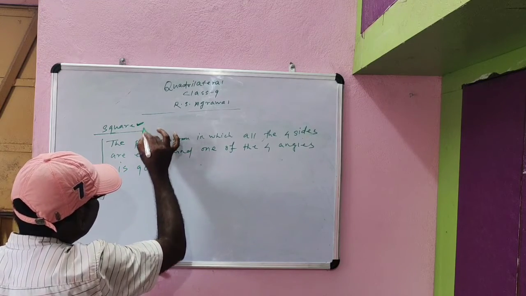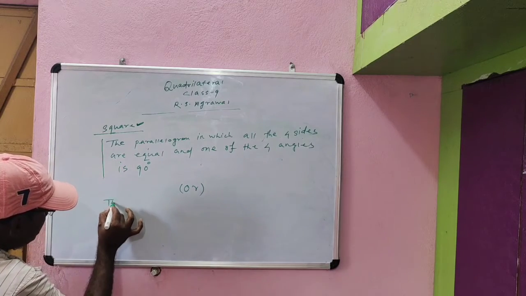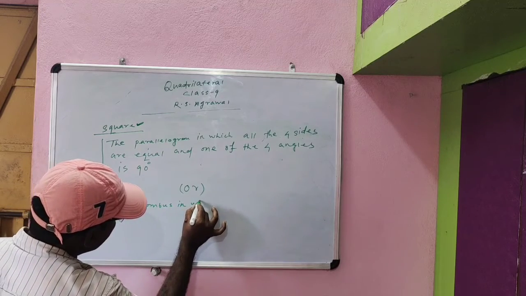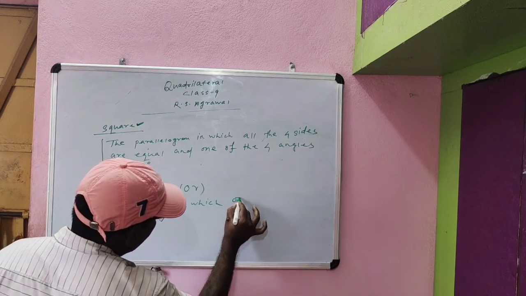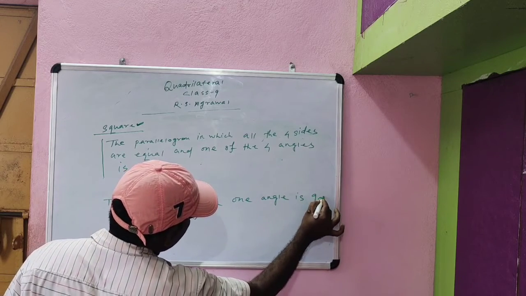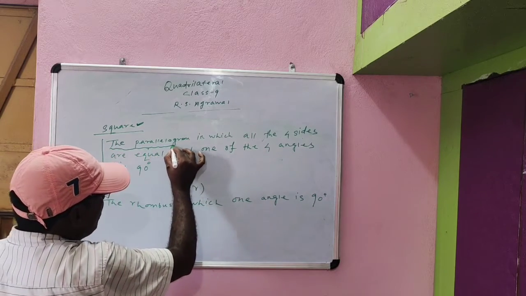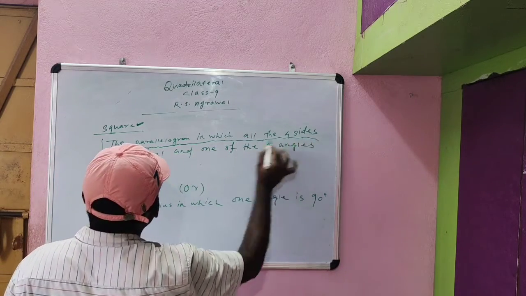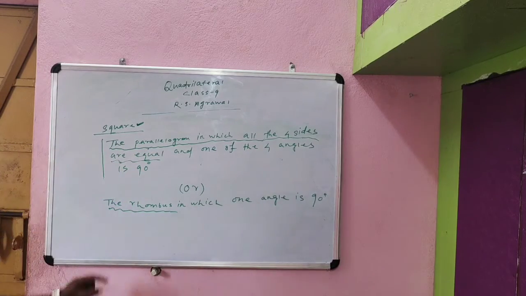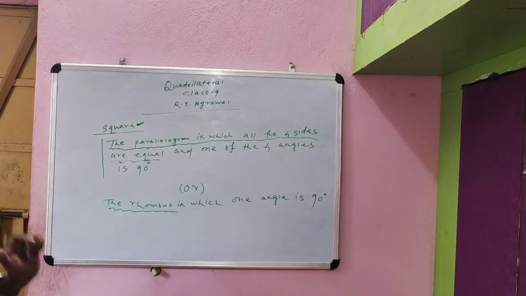What is that? The rhombus in which one angle is 90. Similarly, the parallelogram in which all the four sides are equal indicates a rhombus.